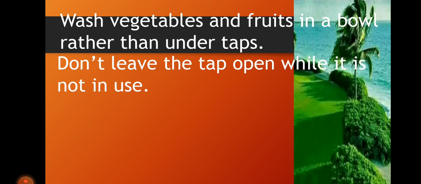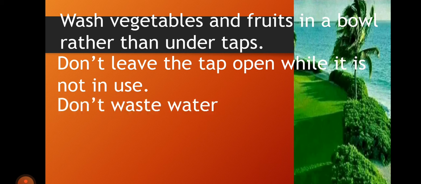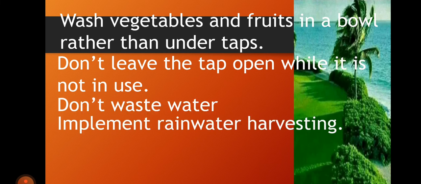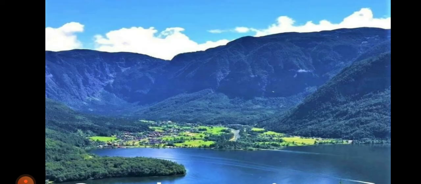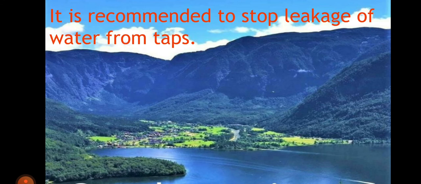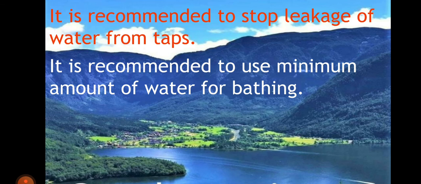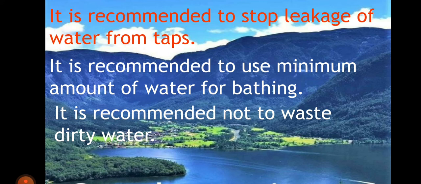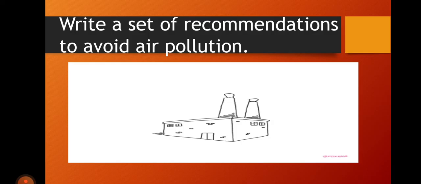Don't leave the tap open when it is not in use. Don't waste water. Implement rainwater harvesting. Here again we start with: it is recommended to stop leakage of water from taps. It is recommended to use minimum amount of water for bathing, and it is recommended not to waste dirty water. Likewise, you can move on to the next one.